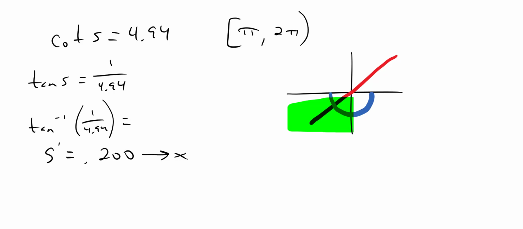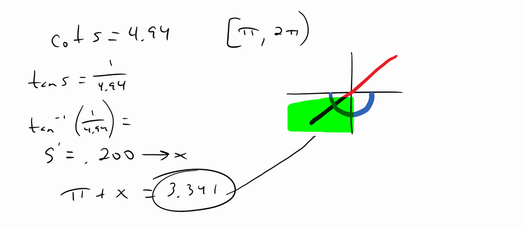Okay, either store it in X or you can just do pi plus that. So I can say pi plus answer or pi plus X, which gives us 3.341. And that's your answer. And think about it, right? This is pi, this is 3.14, so it's a little bit more than that. So 3.341. Okay, math fans?